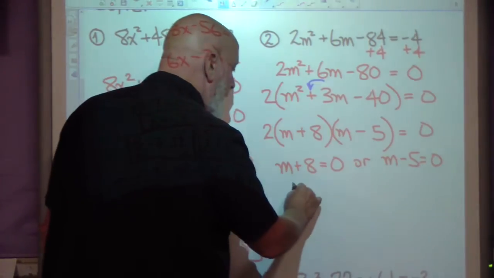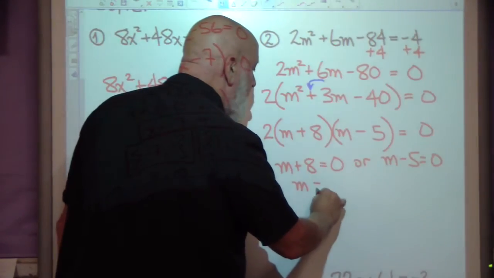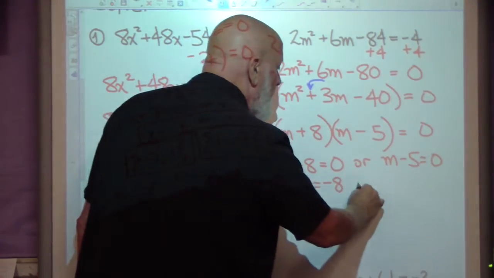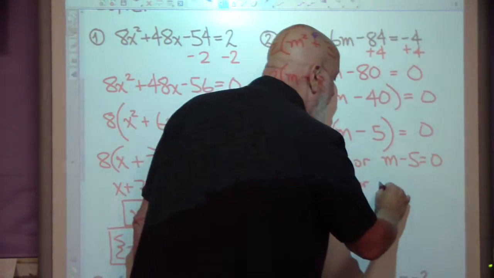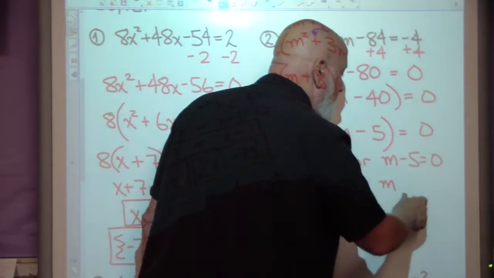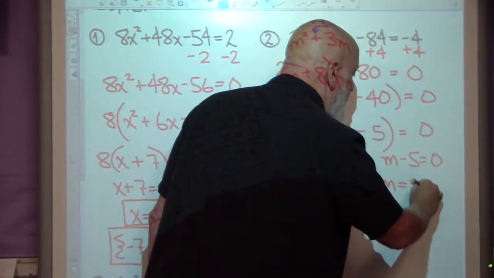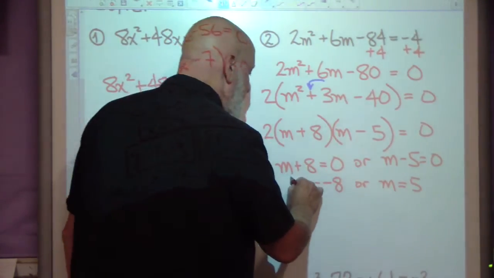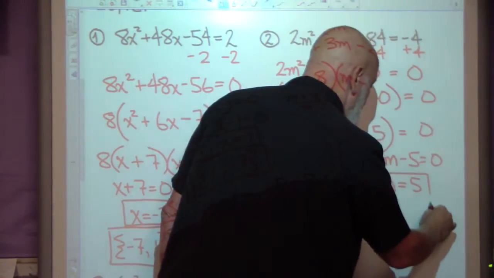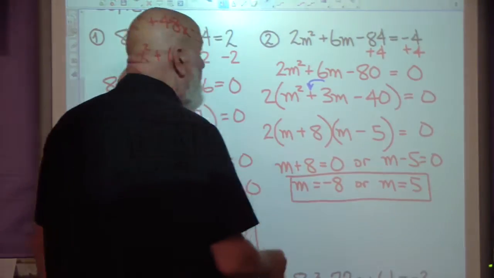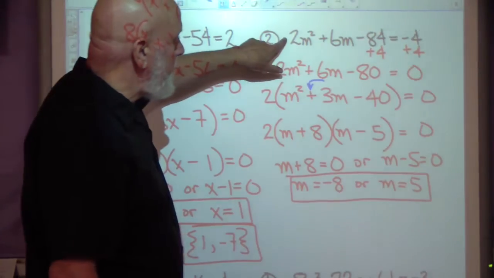Solving this by subtracting 8 from both sides yields m equals negative 8. Or adding 5 to both sides of this equation, m equals 5. So those are my 2 solutions to this original quadratic equation.